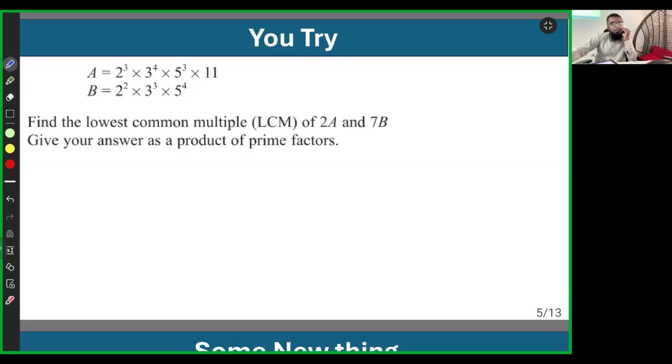You didn't write LCM. You just wrote 2A and 7B. That's 100% fine. Just take the LCM. Meher, you missed 11. तुम्हारे क्या, दोबारा बताओ. 2 raised to the power 4 times 3 raised to the power... Yeah, perfect. Perfect.